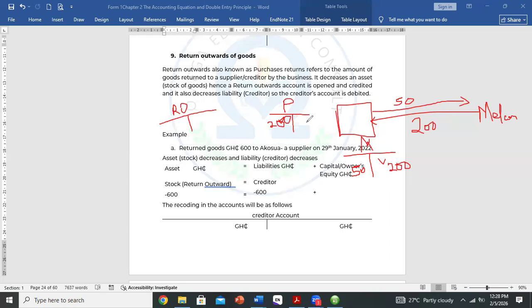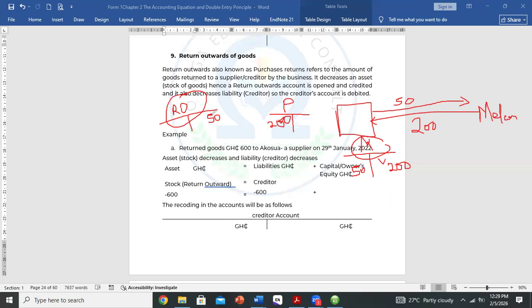We put it in what? Return outwards account, showing the decrease in the stock, the asset stock. So when there are return outwards, the two accounts are return outwards account and the creditor's account. You debit the creditor because the liability creditor is decreasing, and you credit return outwards because an asset, stock, is decreasing.